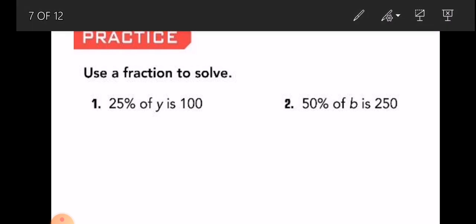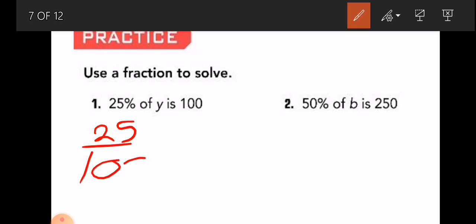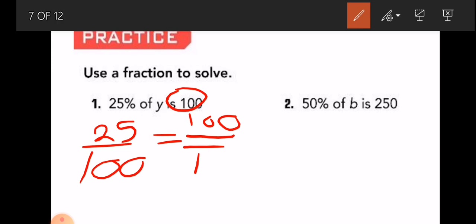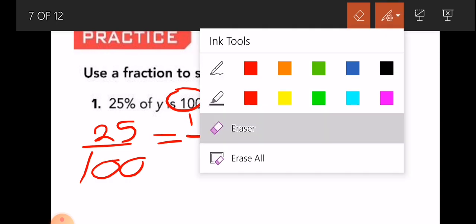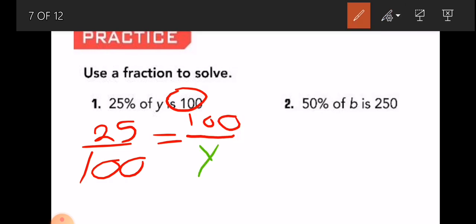So how can I get the total here? I will write 25 over 100, percent over 100, equals the part, which is 100, over the total. The total is missed. Here they called the total y, so let me write it the same. y.